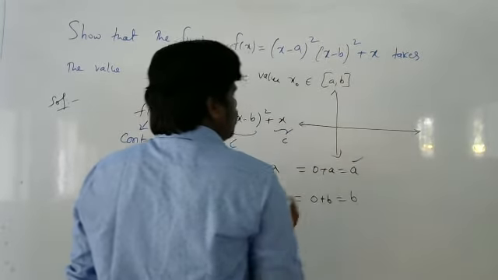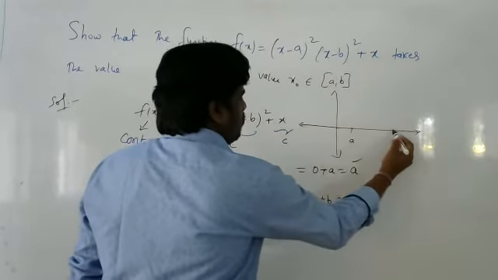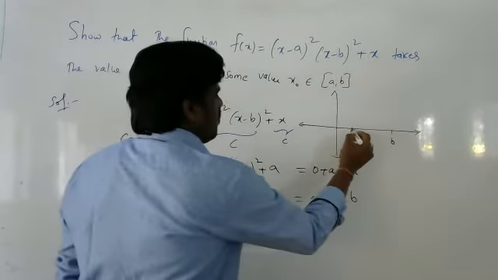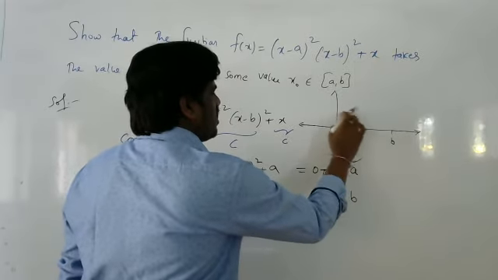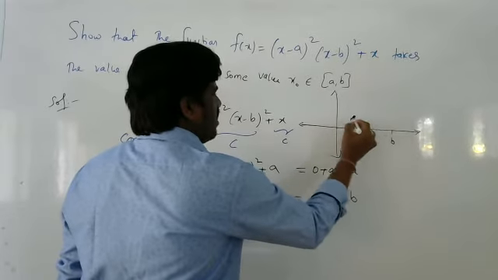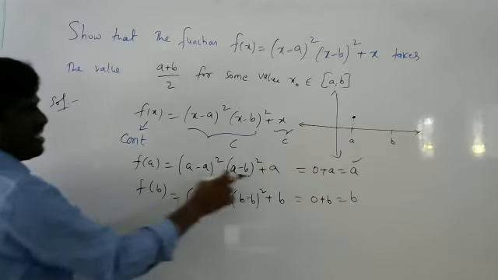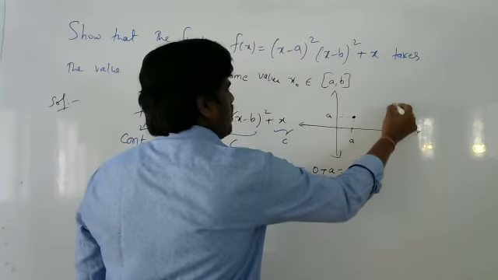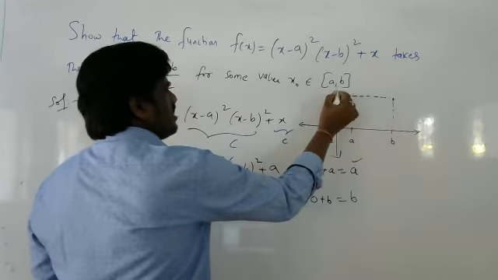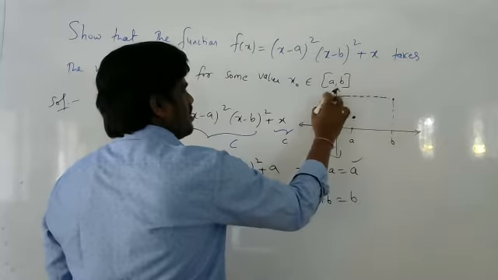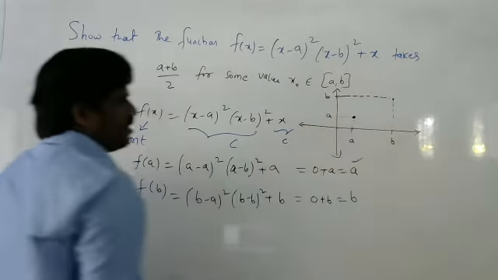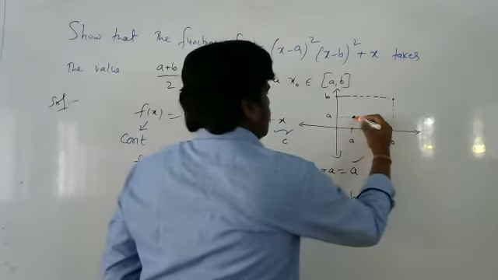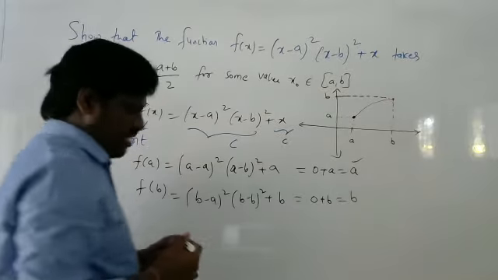You need to take a and b here. f of a is a, so let us take a length here a, and f of b is b. So let us consider this is b. It is a continuous function from here to here.